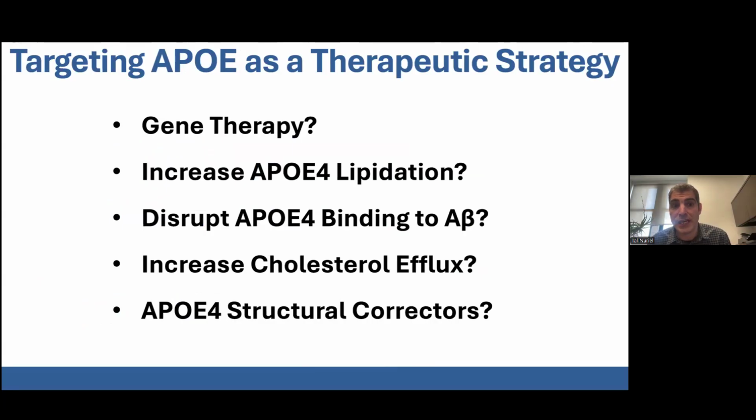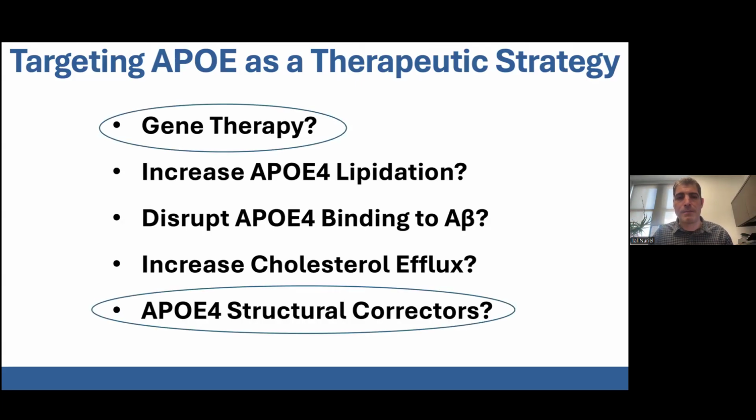There's gene therapy. You can increase the amount of lipidation of APOE4. You can disrupt potential binding between APOE4 and A beta. You can increase cholesterol influx. You can correct the structure of APOE4. So I'm just going to finish off by discussing two of these, just because I don't have time to discuss all of them: gene therapy and APOE4 structural correctors.